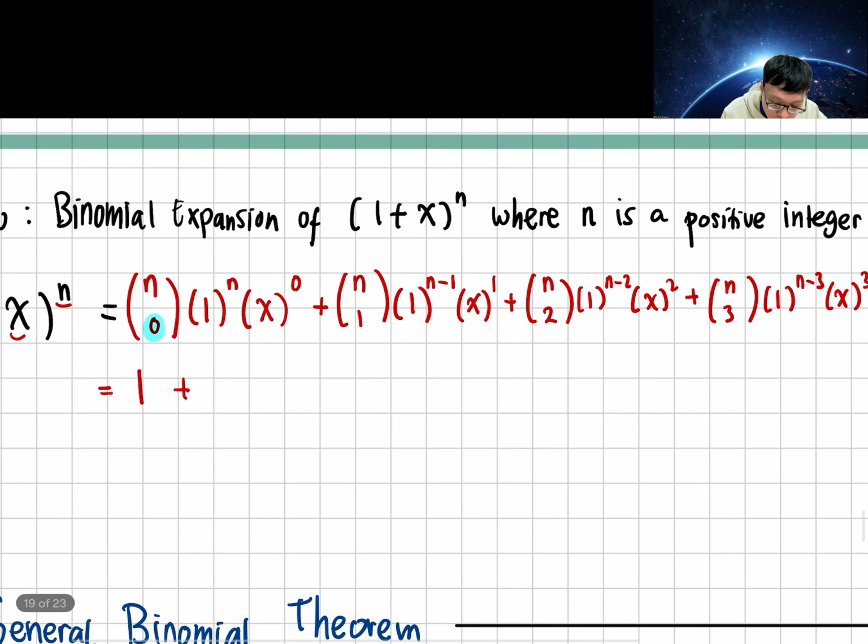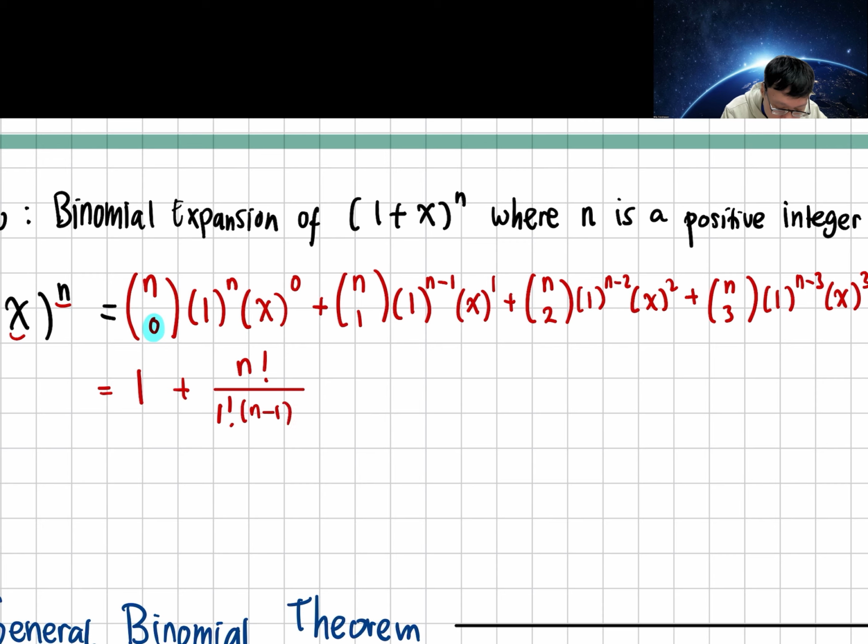Plus n choose 1, you can use the combination formula. It gives you n factorial over 1 factorial times n minus 1 factorial, and then we have x over here. Plus n choose 2 gives you n factorial over 2 factorial times n minus 2 factorial, x squared.